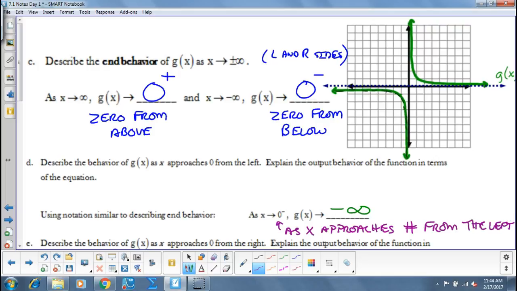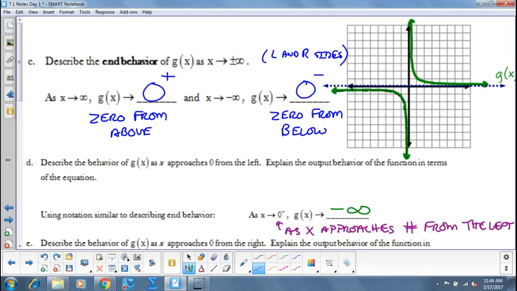Okay? When we put that positive or negative sign in the exponent and it's for an x value, we're talking left and right. Up here in the blue, that was a y value, so that's why it was above or below.